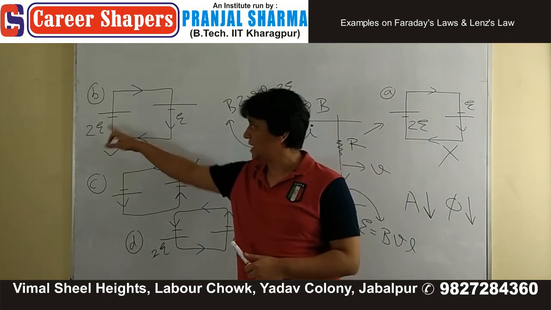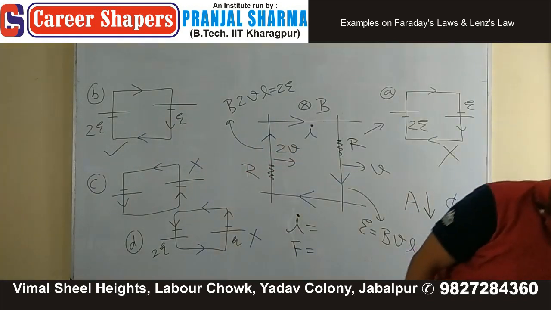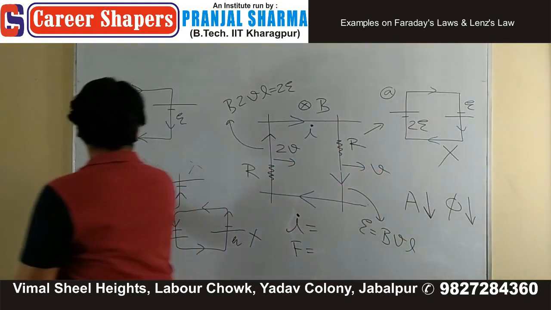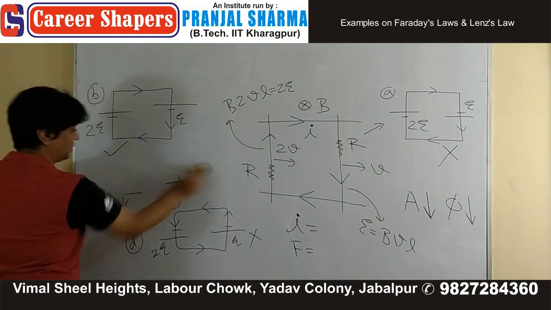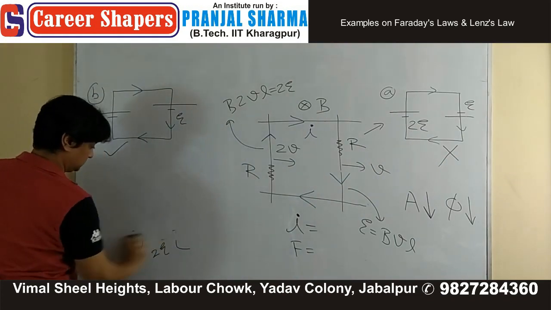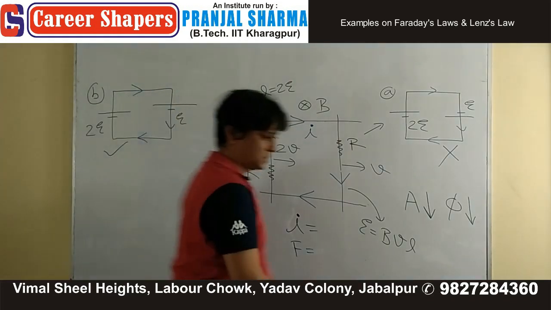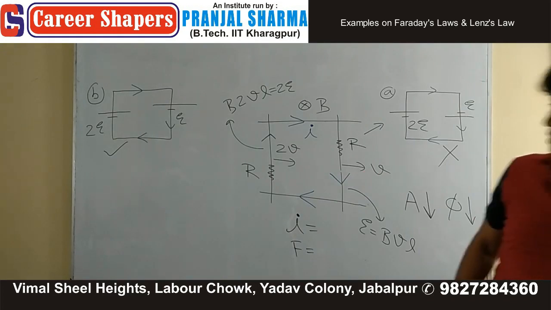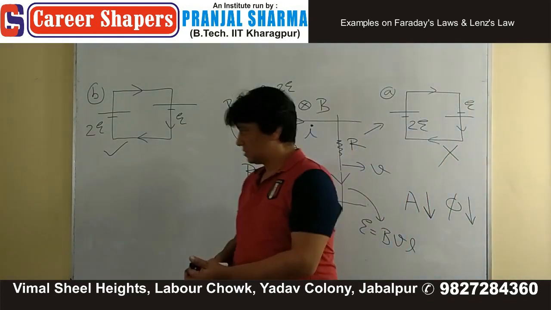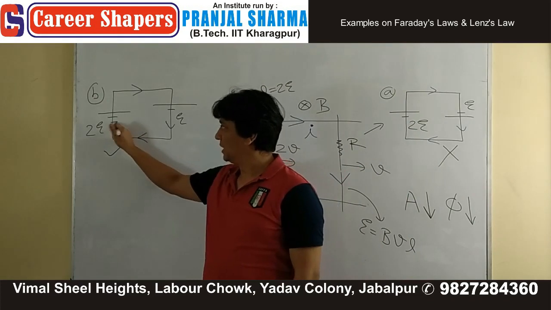Now you can see the final setup of this figure, in the last 1 minute, looks like this. If somebody can write the current, do it fast. Everything is on the board. Final setup, you can show it like this.